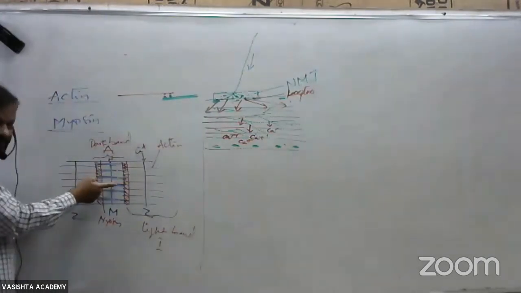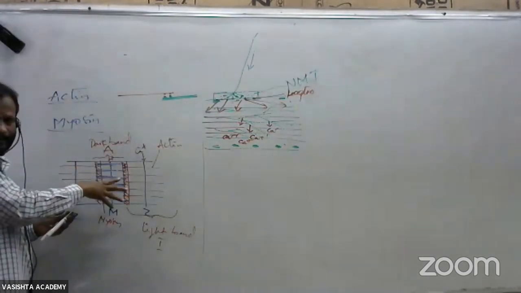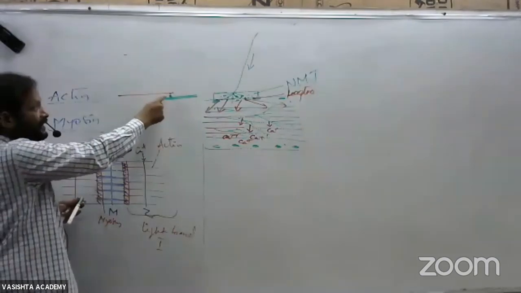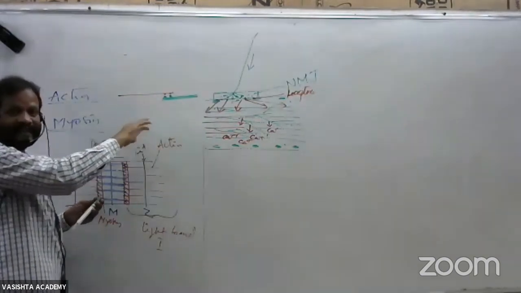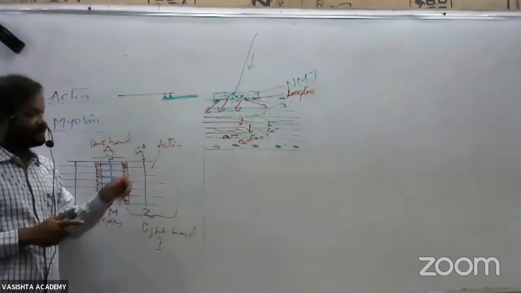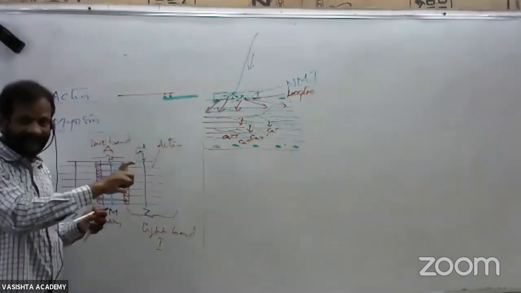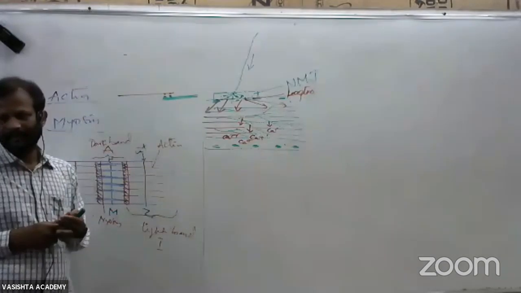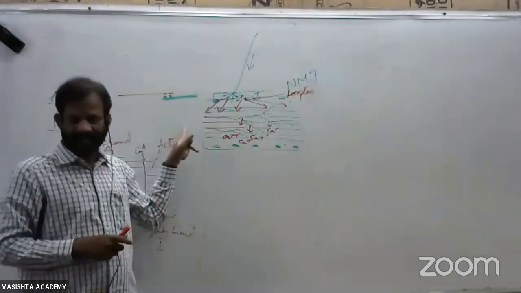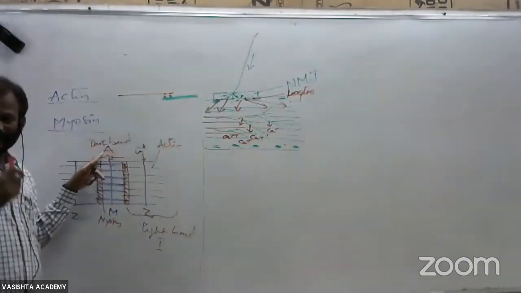Now, when this calcium is released abundantly, the mask of both these binding sites will be removed. They become very active and they bind with each other. For the binding, energy is required. So that energy will be collected from ATP.